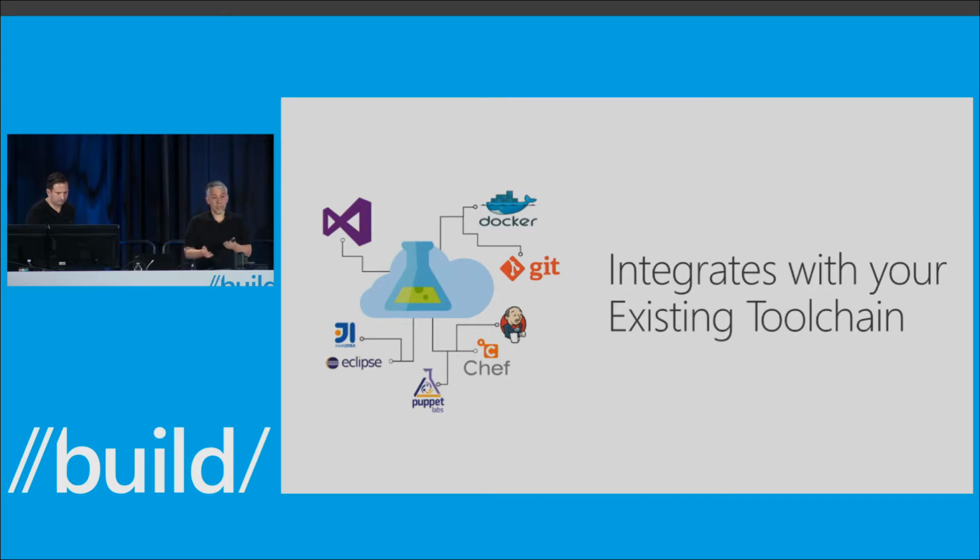We're building this to run both for Windows and Linux. For example, I'll show quickly the integration in Visual Studio, but we'll have an integration in IntelliJ and Eclipse so that you can deploy to the lab with everything applied.